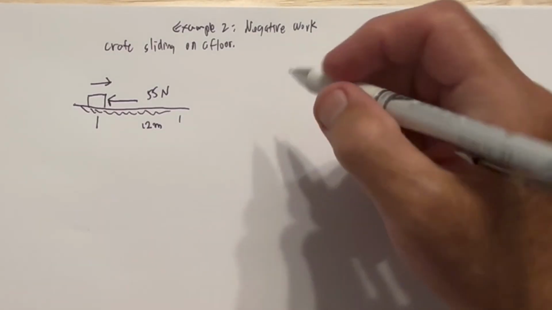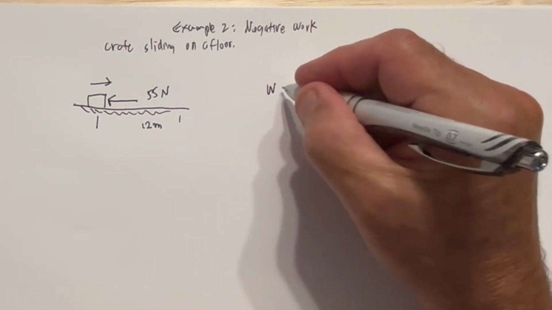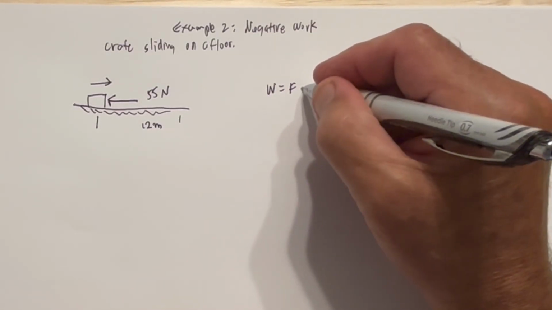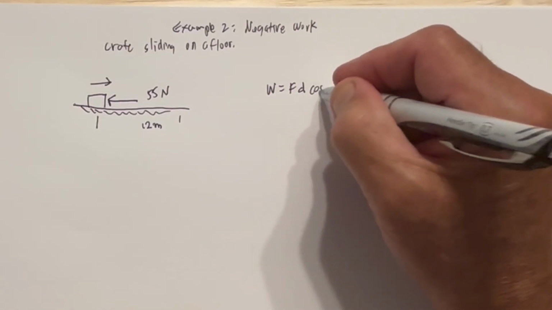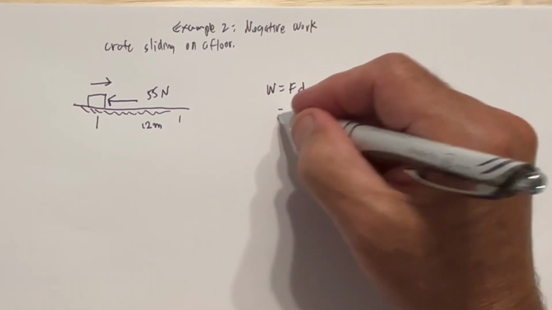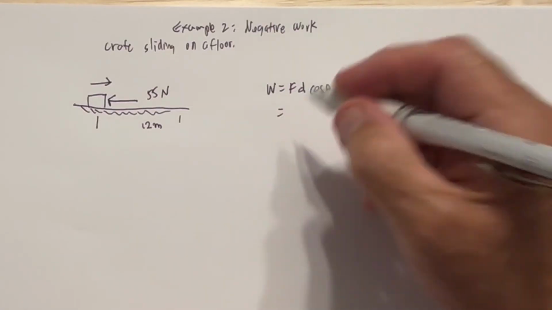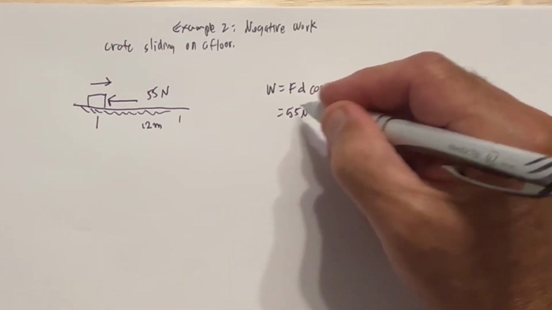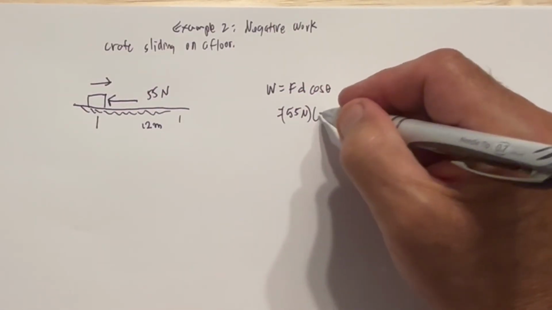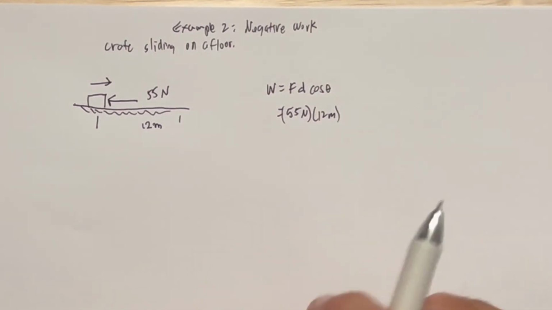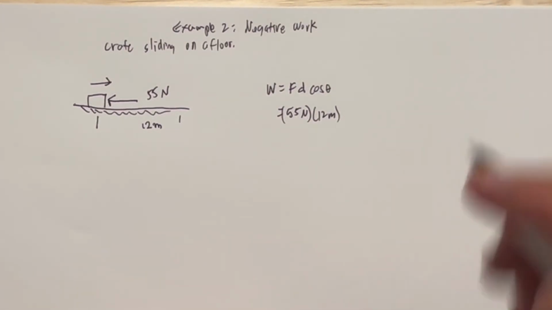Now we have a little different situation. Work is equal to force times displacement times the cosine of the angle theta. Our force here is 55 newtons, and our displacement is 12 meters. The box slides 12 meters before it comes to rest.